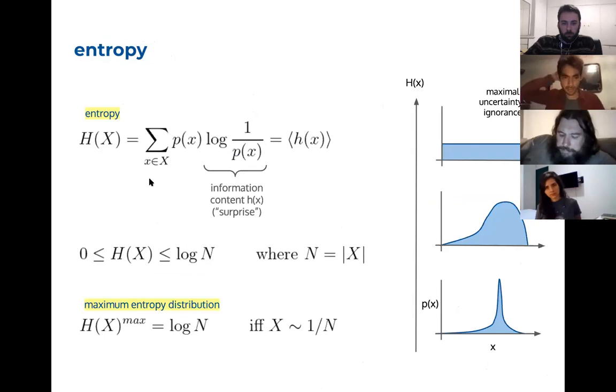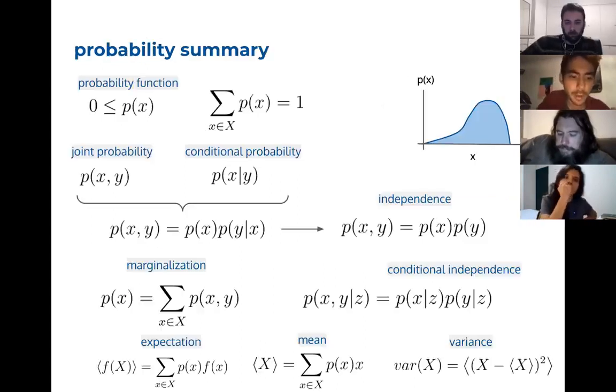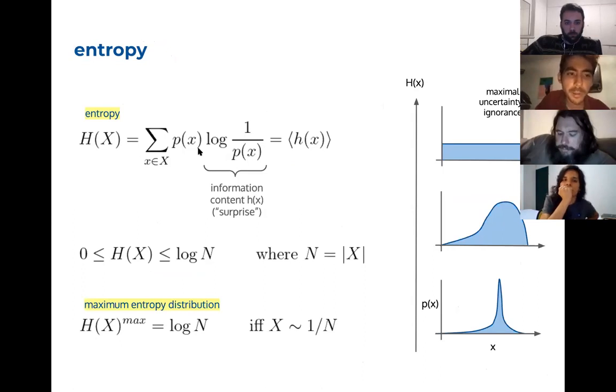Okay, so this is more useful. The entropy is a function that looks like an expectation over a distribution. The entropy of the distribution is given by this formula, and you can look at this term as an information content. It gives you the surprise of observing a certain outcome.